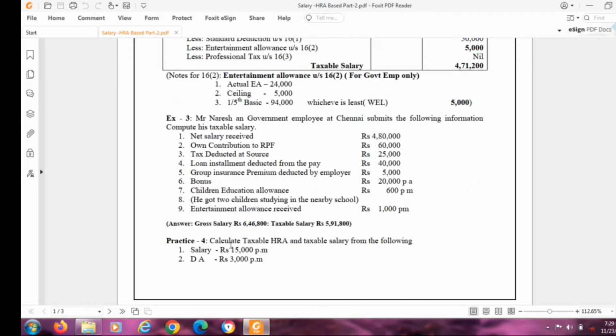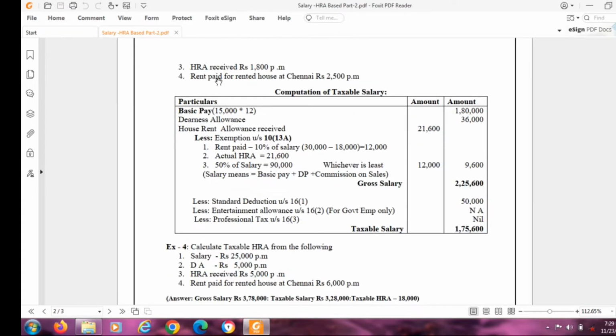Salary means basic plus DA plus fixed percentage of commission on sales. But in this problem, we got only basic pay, and it is clearly given as a DA. So, this DA will not be accounted for the purpose of salary for claiming exemption under section 10(13A). So, 1,80,000 into 10%, 18,000. So 30,000 rent paid minus 10% of salary, 18,000, balance 12,000.